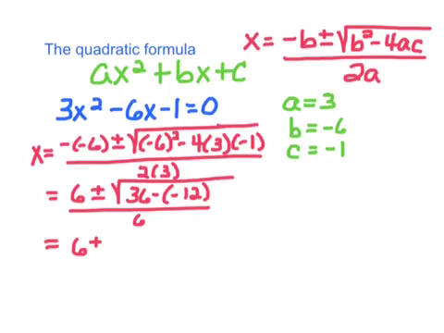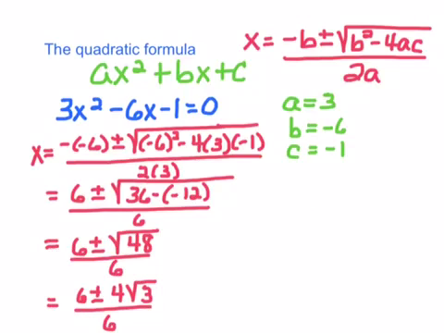So we have 6 plus or minus the square root of 48 divided by 6. Before you start thinking about canceling those 6's, let's simplify the square root of 48. Because if you can simplify in all three areas, then you can simplify, but you have to watch for simplification in all three areas.